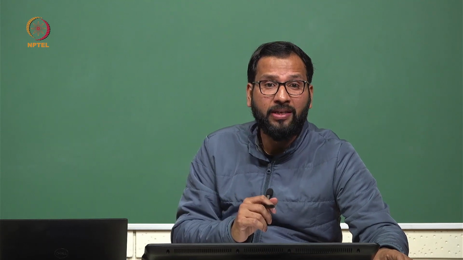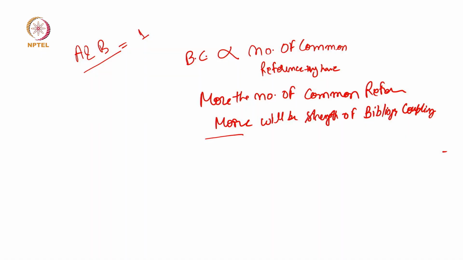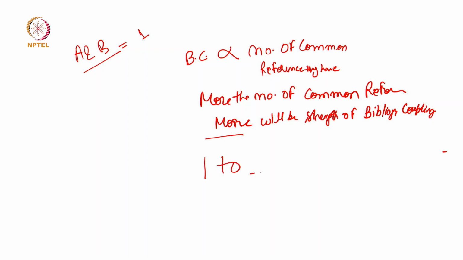So for A and B, if we have 10 common references, then the strength of this particular bibliographic coupling will be 10. Okay. So the range of strength of bibliographic coupling between two documents will be from 1 to the number of common references they have.